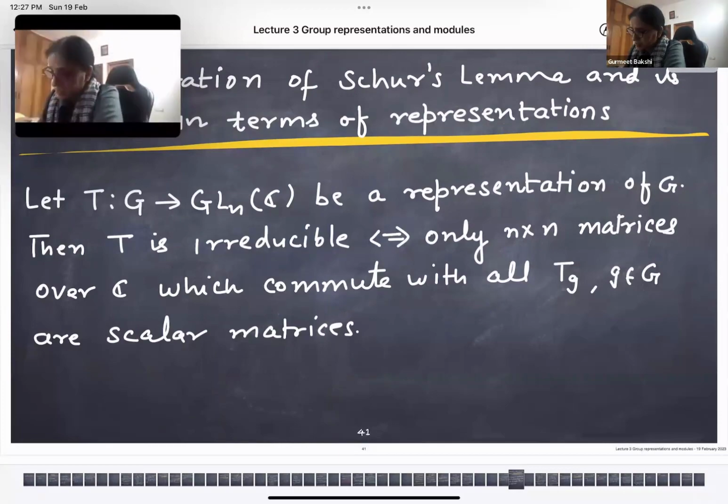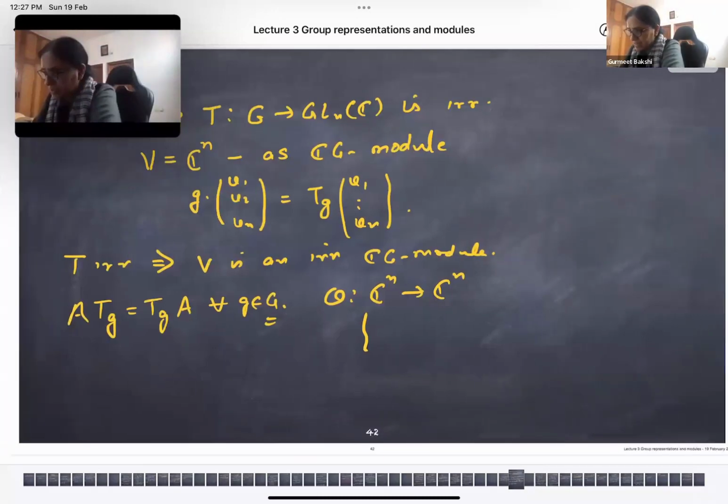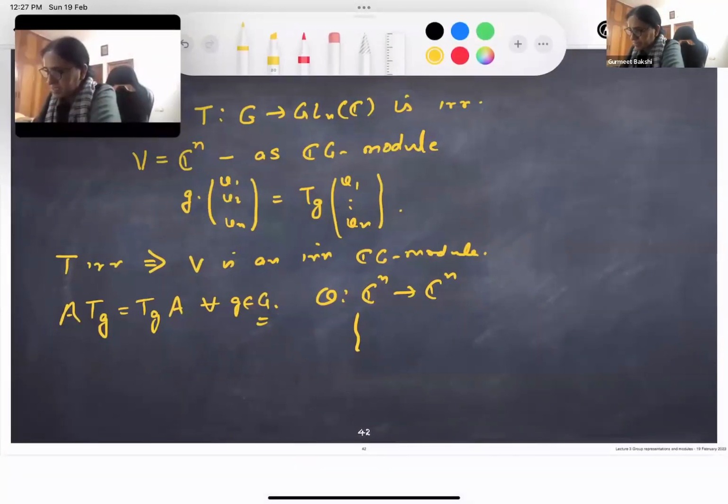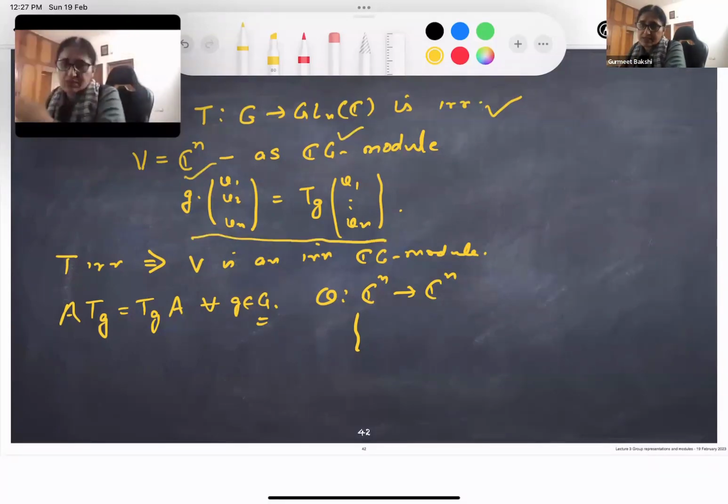So I started with an irreducible representation, which essentially means that the corresponding module is irreducible. So if I take Cn as a CG module via this representation, which is done like this, then this module is an irreducible module, right?